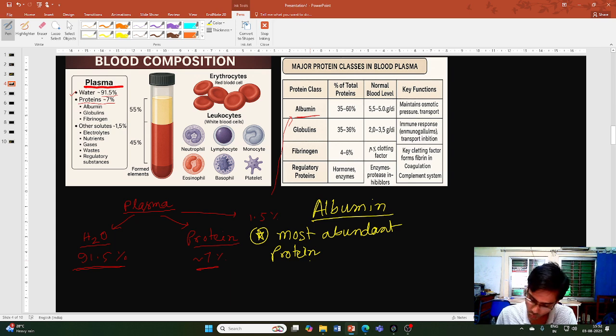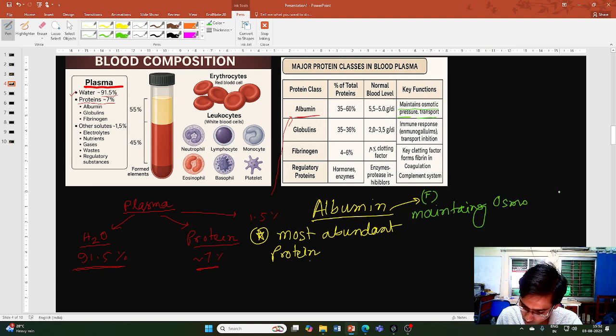So what are the major functions of albumin? It maintains osmolarity, that is, it maintains the osmotic pressure, and it does transport. The main function is maintaining the osmolarity.